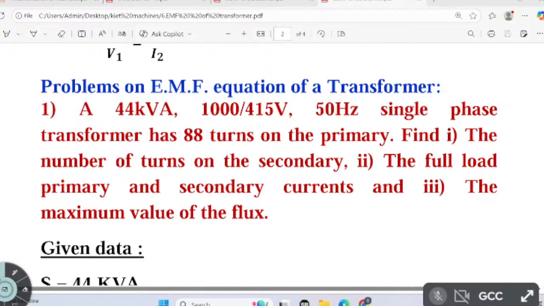Substitute the values in the formula. What is the EMF equation?